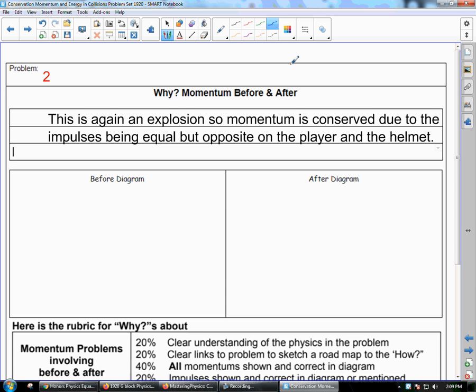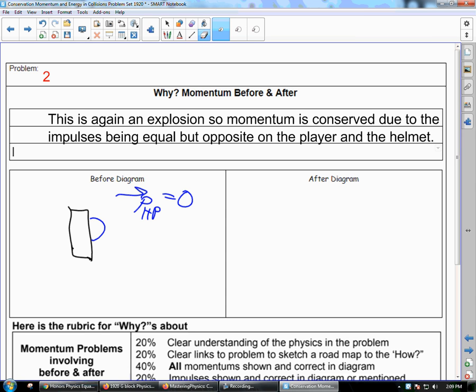Alright, so beforehand, let's see. Why is that black? I can't see the color. Momentum of helmet and player equals 0. Whoops. Definitely losing it if I do an arrow for a 0.